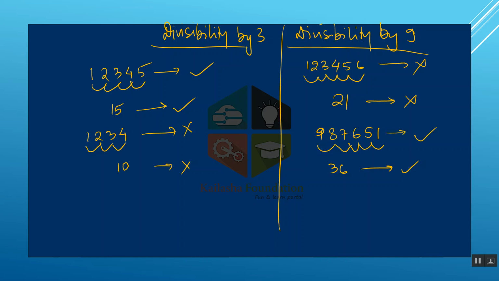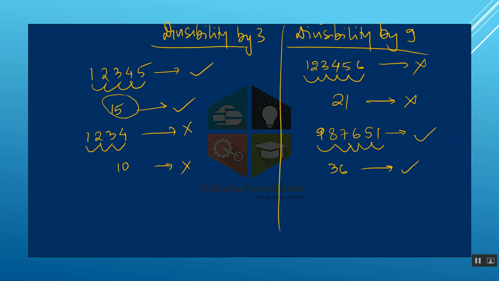Okay, so for checking the divisibility by 3, we simply add the digits of the given number and check the divisibility of that sum, a sum that is much smaller than the actual number. So to check the divisibility of a given number by 3, we simply add the digits of the number and check the divisibility of that sum by 3.